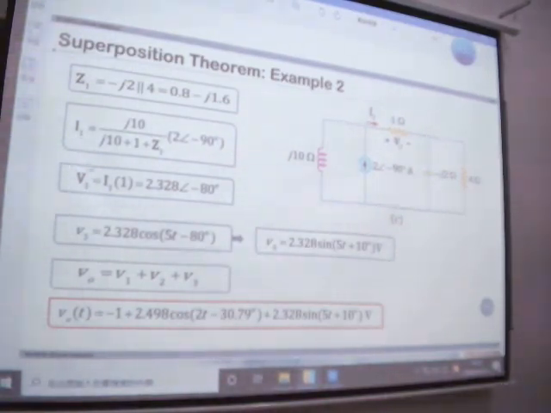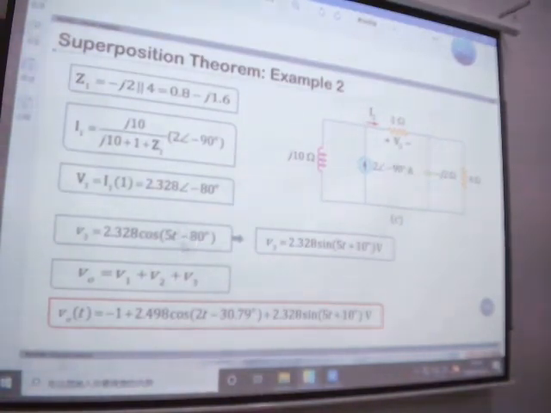If we want to get our V, we use Ohm's law, V equals IR. Clear? And our R here is 1 ohm, so we get our V3 directly here. Now V3 is in phasor form, in polar coordinates. So we need to transfer this one to the time domain.